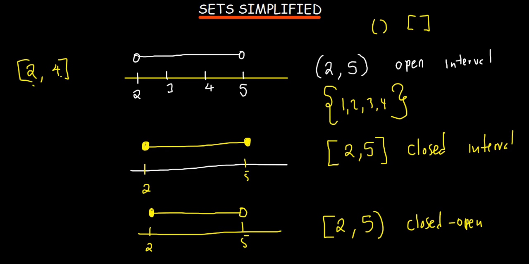It's not correct to write it the other way, because you should always start with a small number and then write a big number. Let's say, for example, they've given you a number line, and there is a number here, let's say 2, and then they've put a set here.